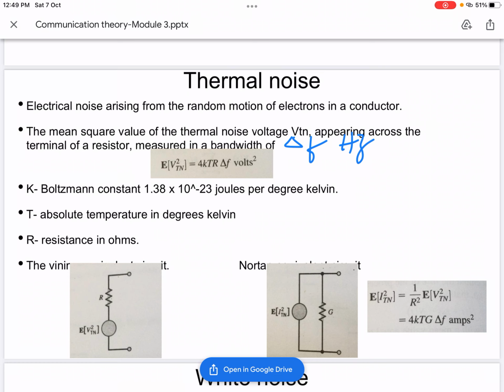This theorem states that maximum power possible is transmitted from a source of internal resistance R to a load resistance RL when RL is equal to R. Under this matched condition, the power produced by the source is divided equally between the internal resistance of the source and the load resistance, and the power delivered to the load is referred to as available power.